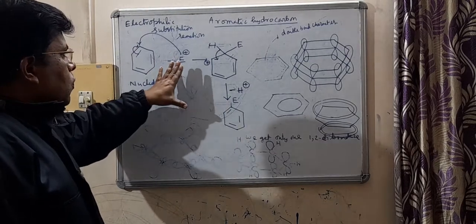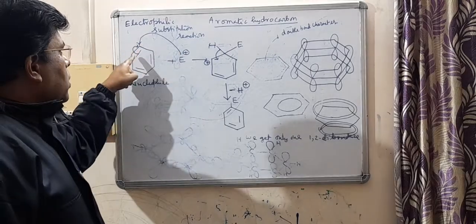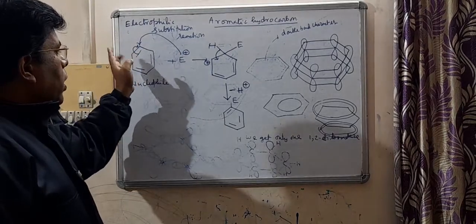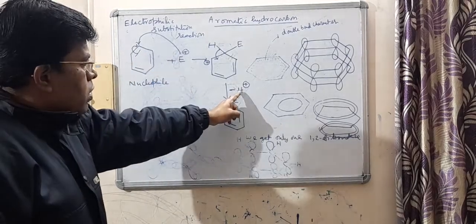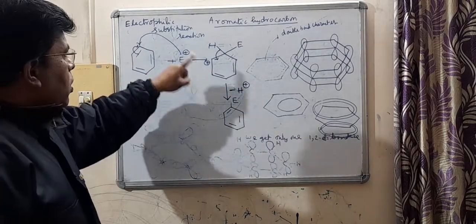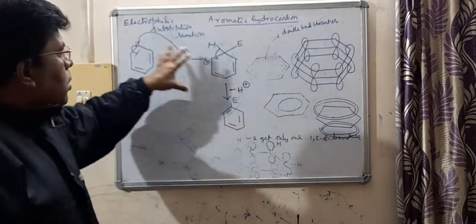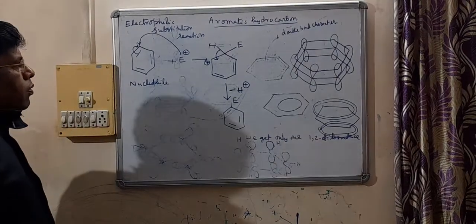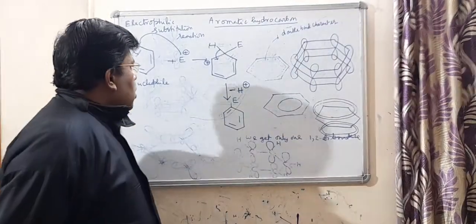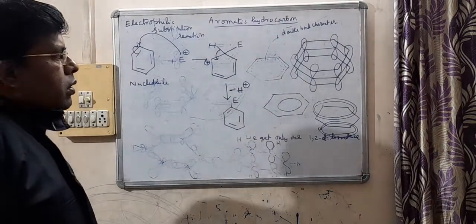Why is it called electrophilic substitution reaction? Because an electrophile is going into the ring, and in its place another electrophile, that is H plus, comes out. So one electrophile is getting inside, another electrophile is coming outside. That's why it is called electrophilic substitution reaction. A question may come: why does benzene undergo electrophilic substitution reaction easily or readily?